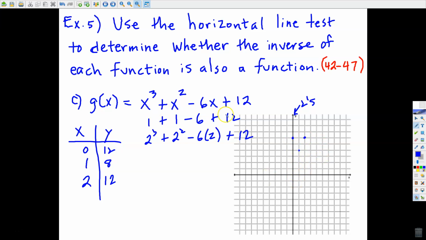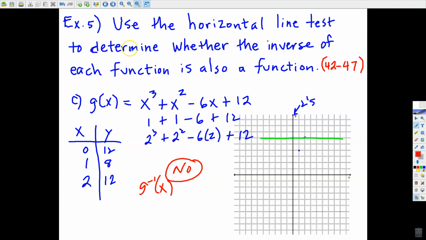You don't have to sketch this entire graph, but obviously at this point I've shown that this graph is not going to pass the horizontal line test because with that one line I'm passing through both of those points. So my answer for this problem would be no, the inverse of g would not be a function.